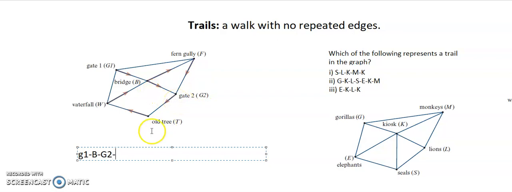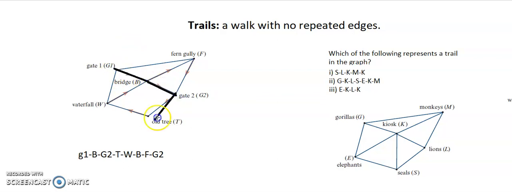We are then traveling to T, traveling to waterfall at W, traveling to the bridge, so we've already had that, and then we're going up to the fern gully, and we're going back to gate 2. So we can see here that we haven't gone over the same edge, but we have gone over a vertex more than once, and that is allowed.